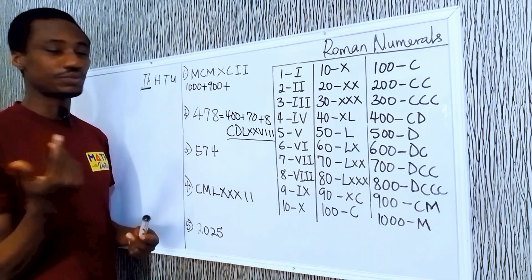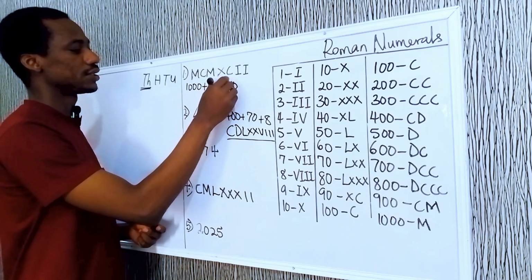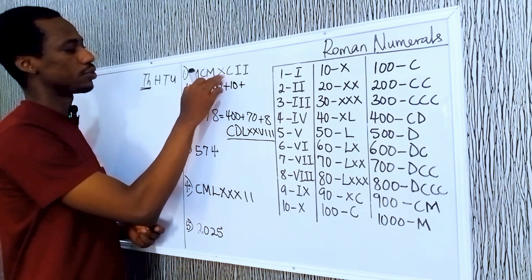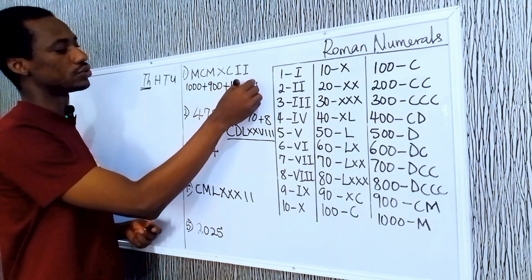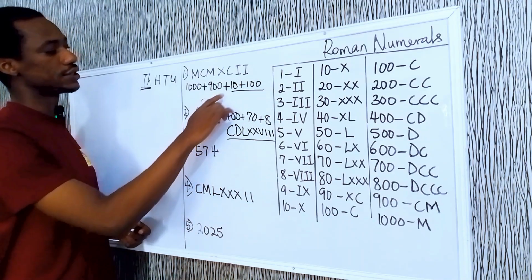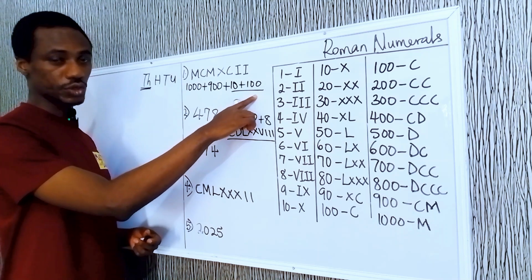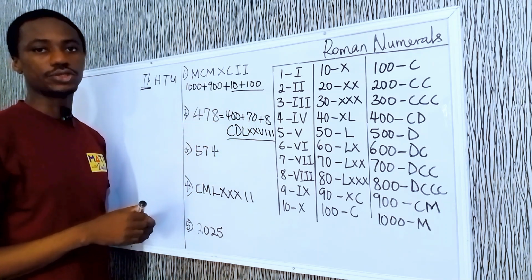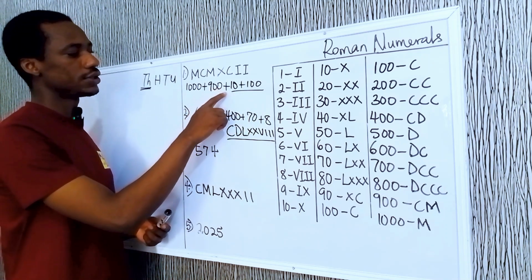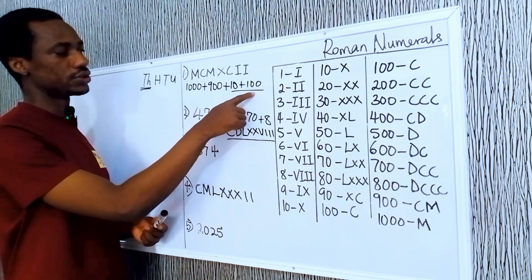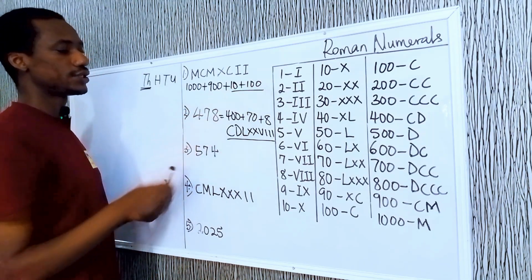Even if you mistakenly wrote this as 10 and then got to C as 100, you should know that since you have a smaller one before the bigger one, it's going to be subtraction. So instead of writing 10 plus 100, you're going to do 100 minus 10.